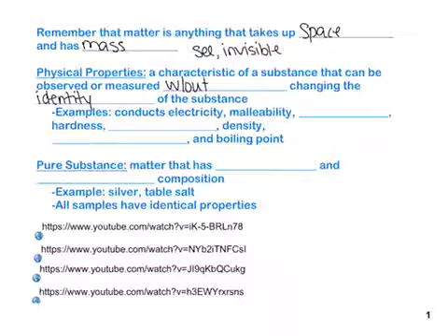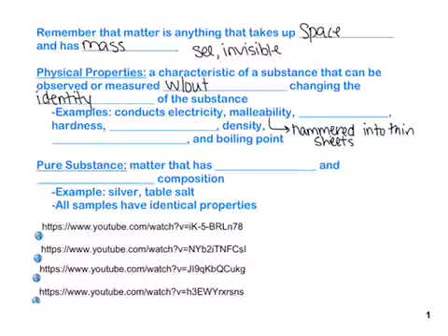of that substance. So examples of physical properties include the ability to conduct electricity, if something is malleable, and malleable means being able to be hammered into thin sheets. Think of aluminum foil.